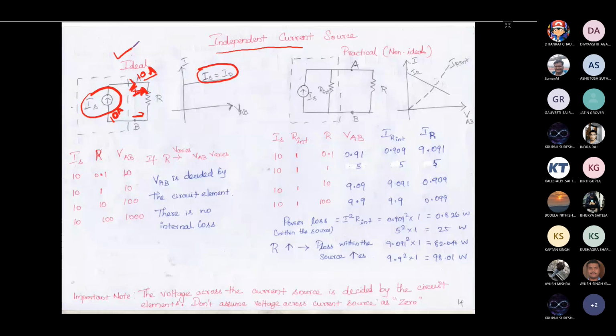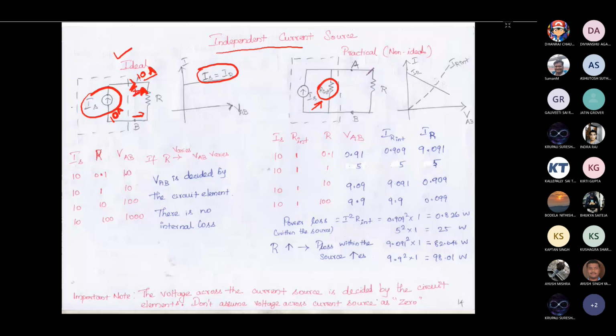For a practical current source, we are going to have a resistor in parallel instead of a resistor in series, as we considered in the previous class. Here the internal resistance is connected in parallel rather than in series. Why is it considered in parallel here?